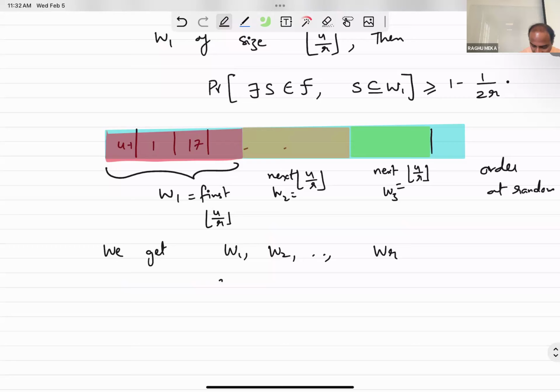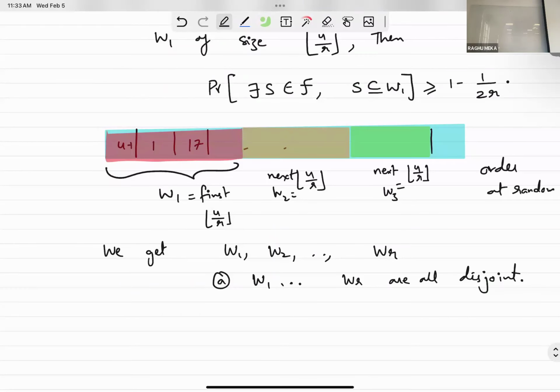And what do we know? One, W1 through WR are all disjoint. They're not independent, because I'm picking this to be the first one and then the next one and so on.